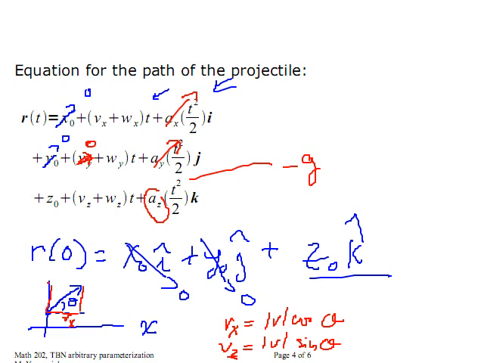Then you're looking for the peak, the highest point the projectile goes, and you're also looking for the time it comes back to the Earth. So remember what you're looking for there. If you take the derivative of r, you're getting velocity, but where the velocity is 0, the projectile is turning around.